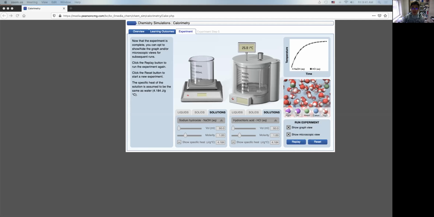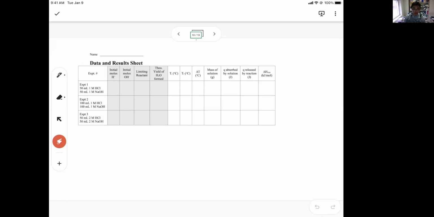Now let me go back to my sheet. Essentially, I know the first row, the first part here might be a little bit confusing, but if you have a good understanding about strong electrolytes and the definition of acid and base, then you should be able to understand when I explain it to you.